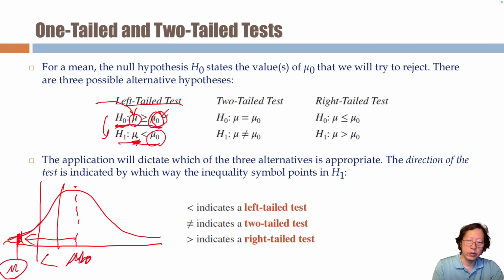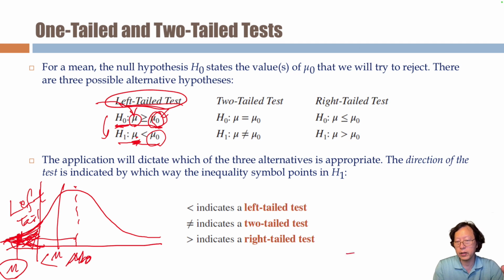Otherwise, even though it is slightly smaller, if it is not far enough, then we cannot say our mu is smaller than mu 0. So this is like a left-hand-side tail. That's why we call this a left tail test.